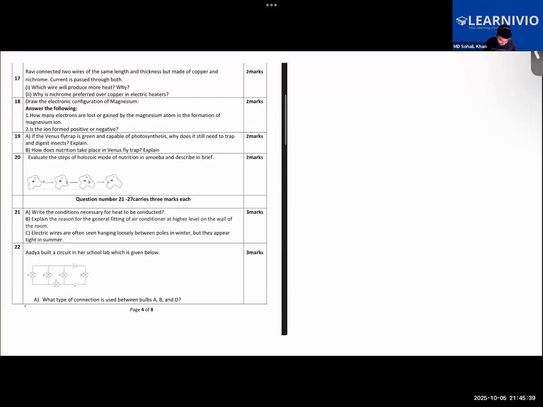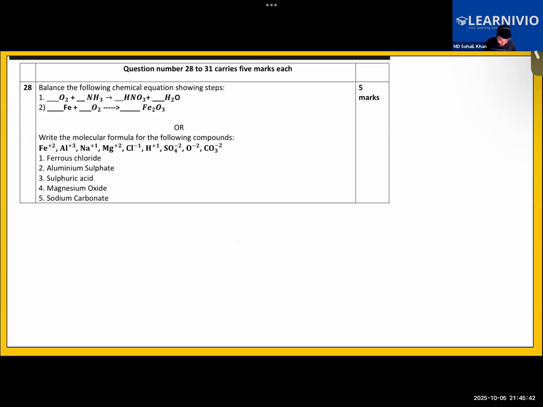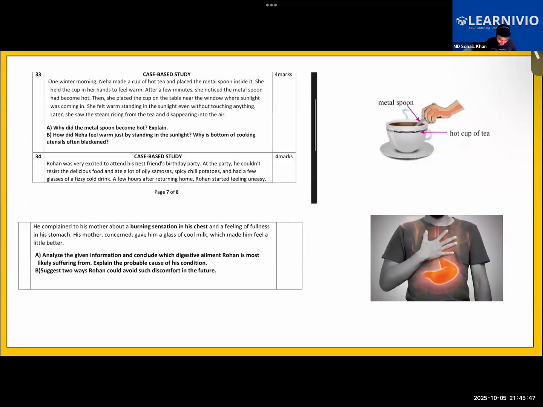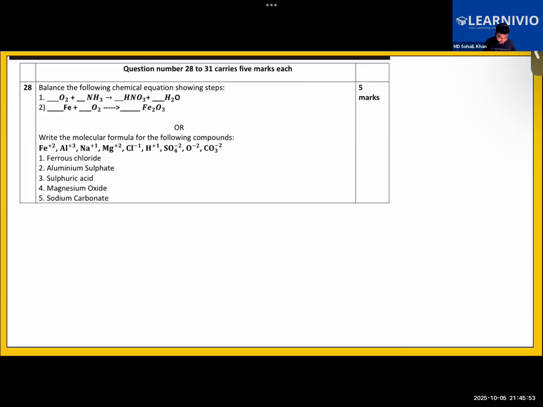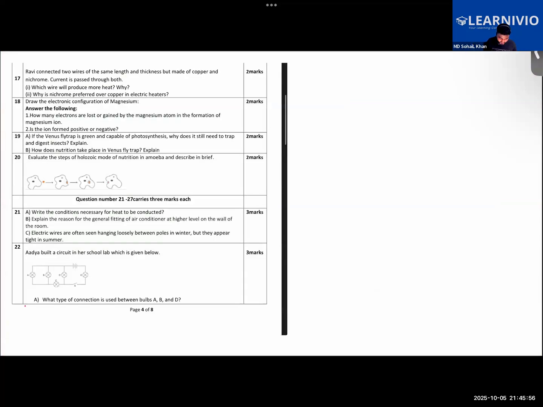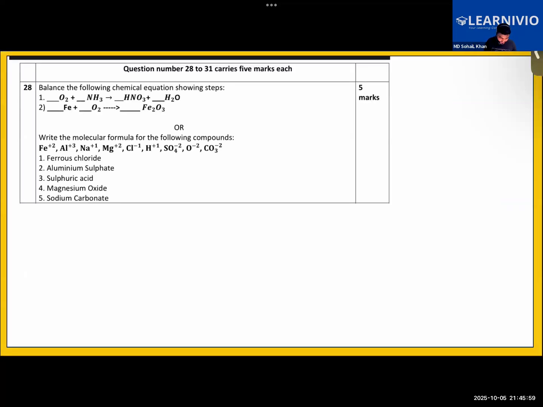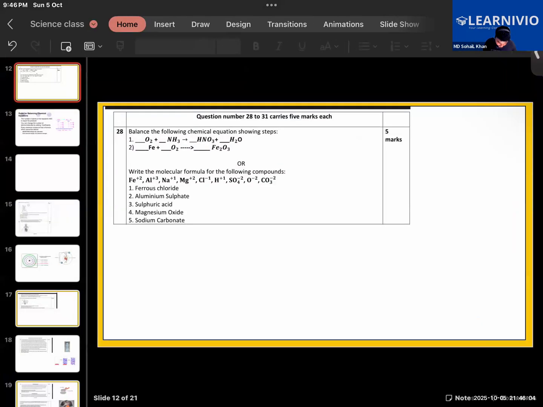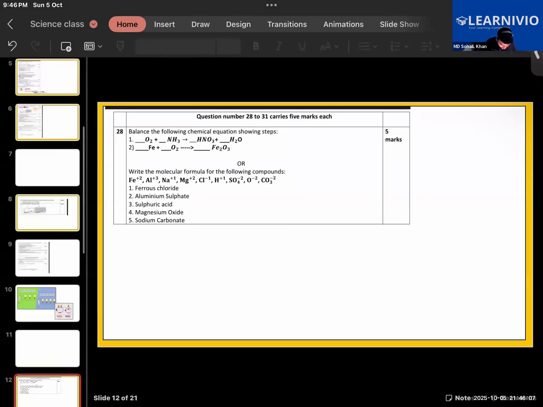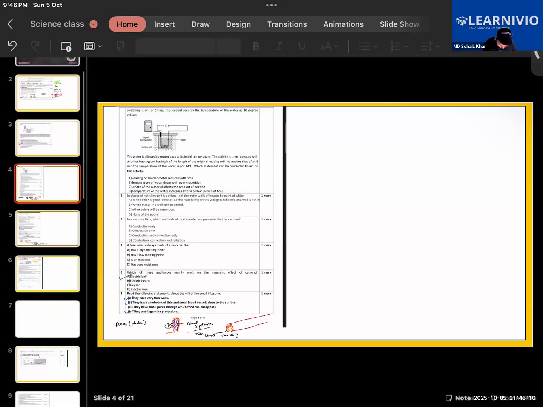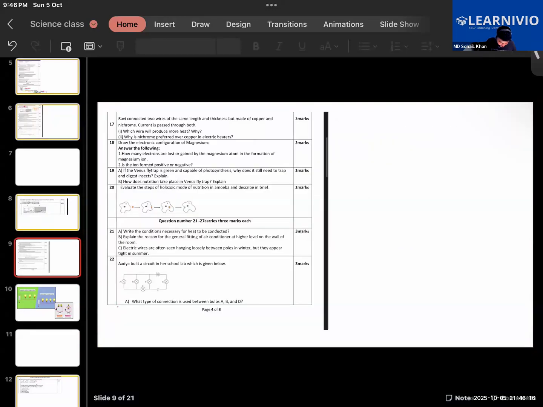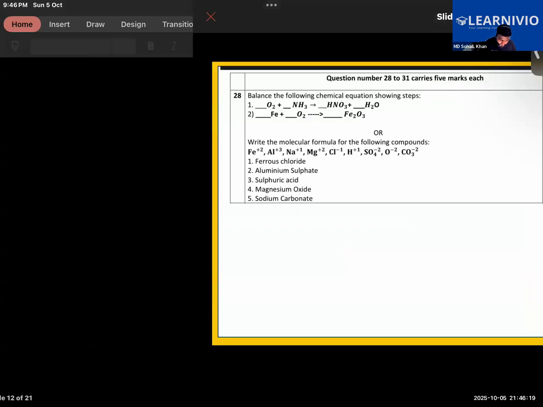Questions number 23, 24, 25, 26, and 27, those five questions I cannot find here. Give me a second. Maybe I can find them over here. There might be some error in this. Okay, anyway, let's continue with question number 28.